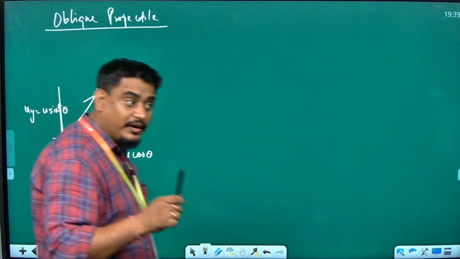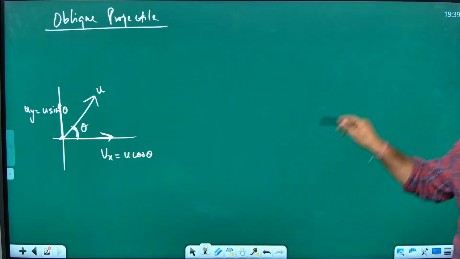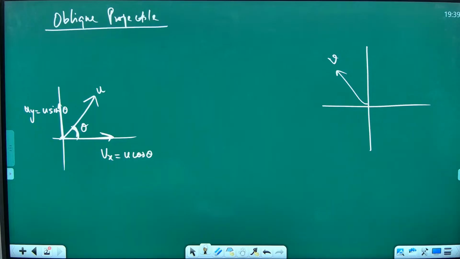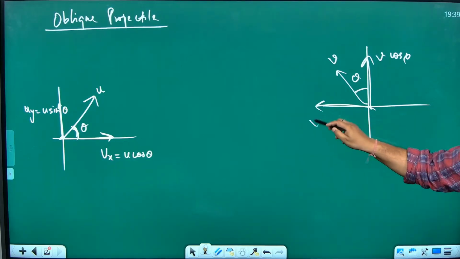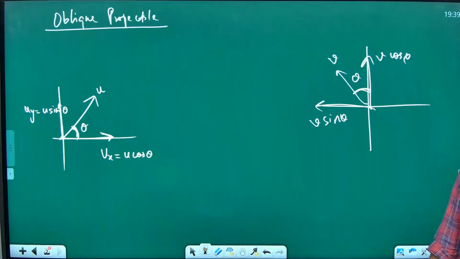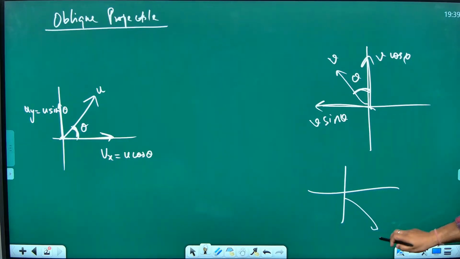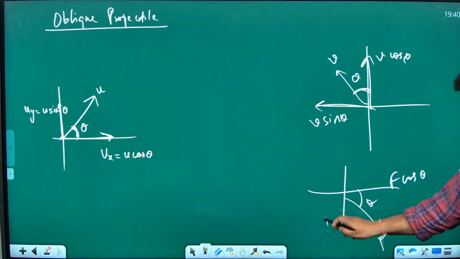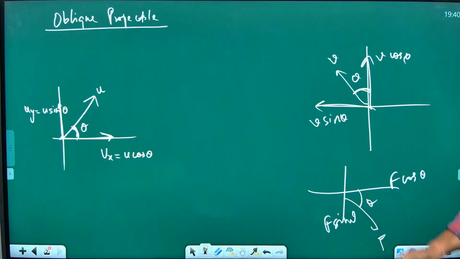Whenever a vector quantity is used in the Cartesian plane, like a velocity v with angle theta, it becomes v cos theta and v sin theta. The side that theta is attached to becomes the cos component, the other side becomes the sin component. If you have a force and this is theta, it becomes f cos theta and f sin theta. I hope you are understanding this.